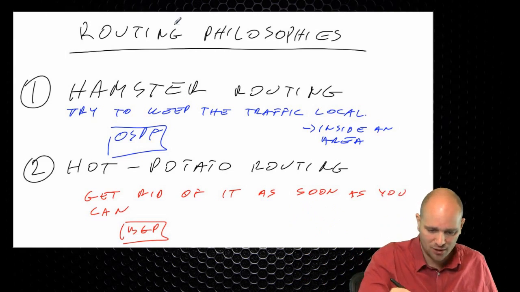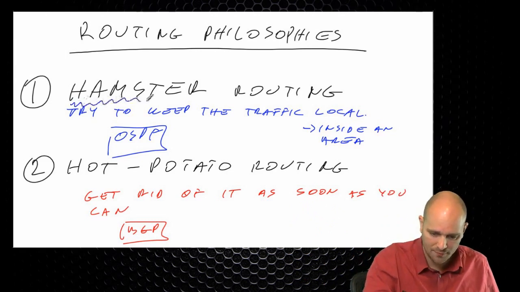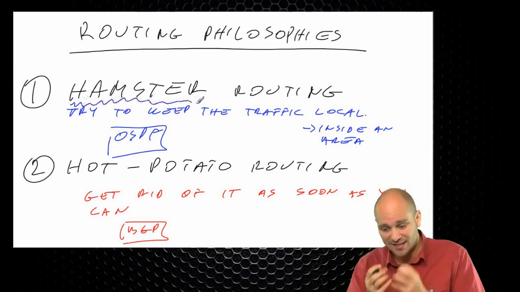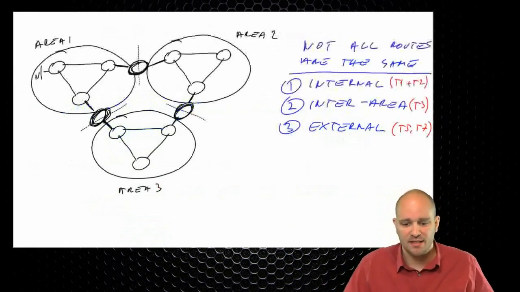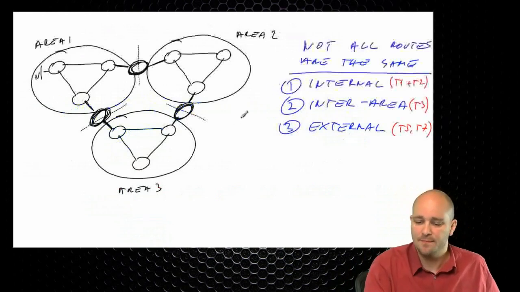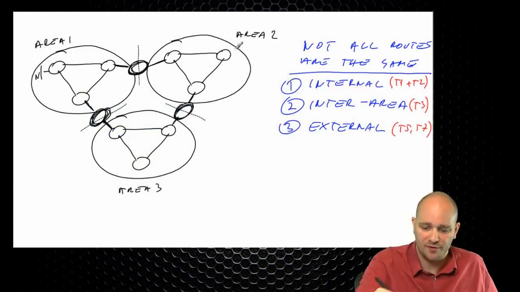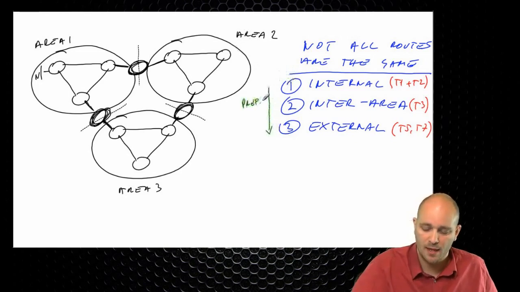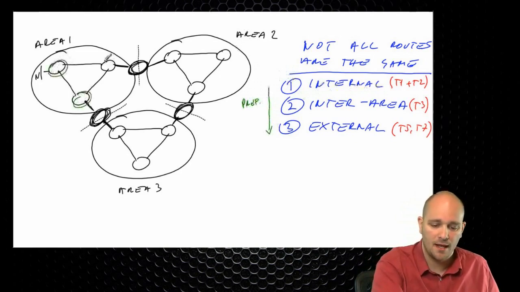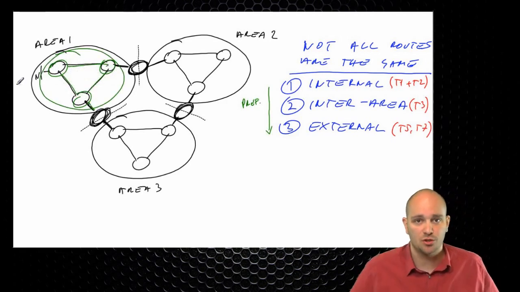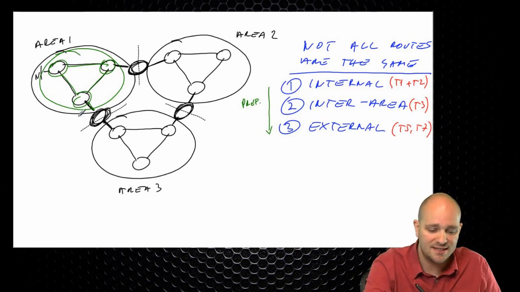So OSPF actually implements what I like to call the hamster routing. It tries to keep traffic as local as possible. So how does that help with this here? Well, if we take a look at this, this is the order of preference given to routes. So this is preference. Internal routes. If I have an internal route inside my network, I'm always going to, inside an area, give preference to keeping traffic local rather than sending it out.